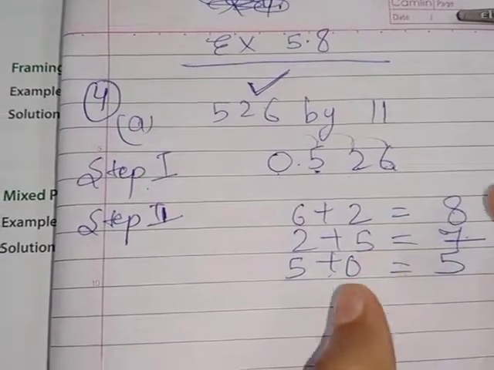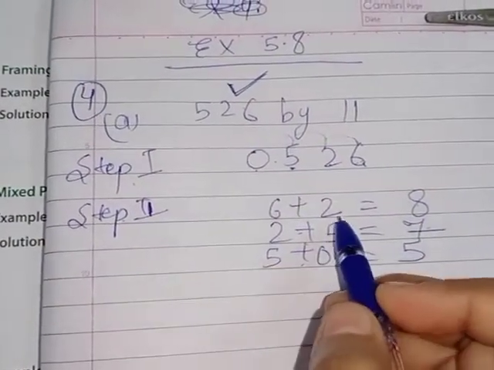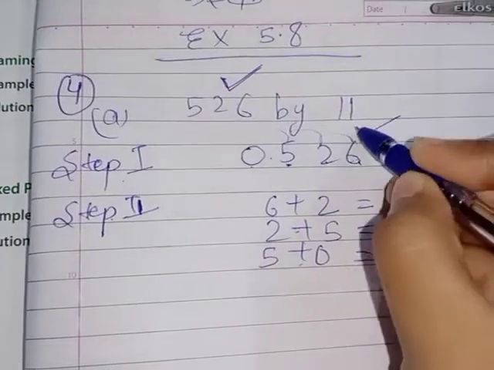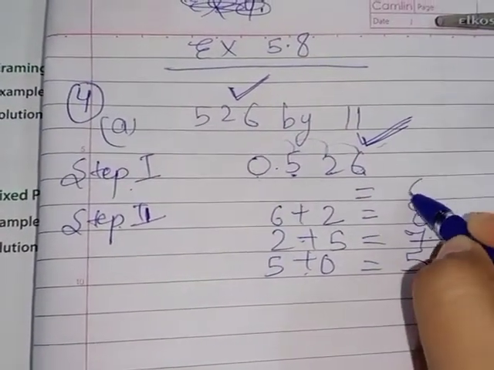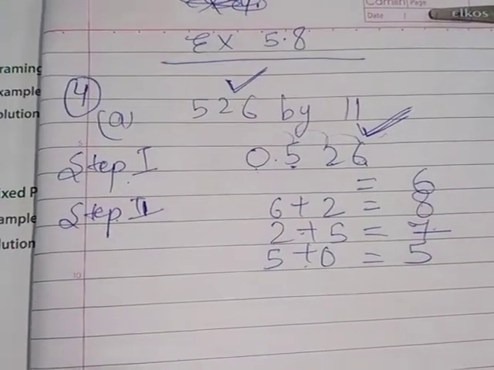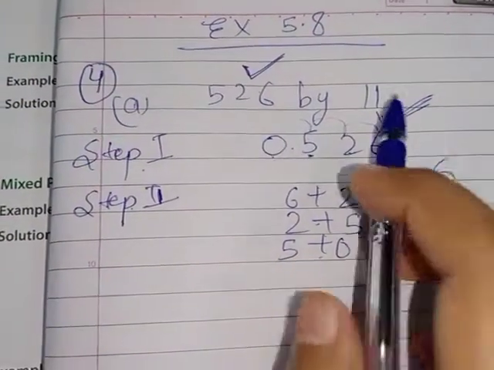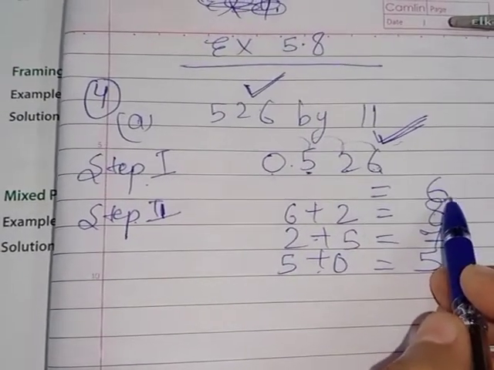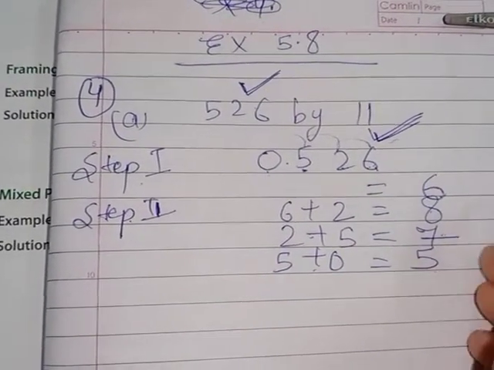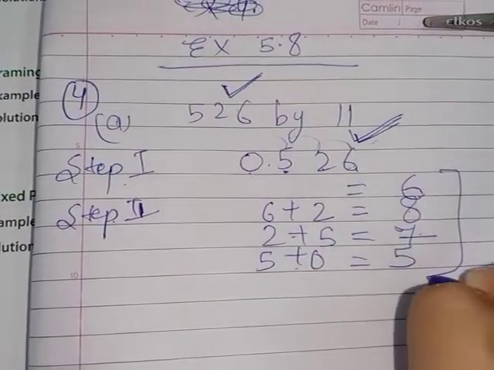One more step is there in this same step 2: the ones place number will be written as it is without changing. Got it? And this will be your answer.